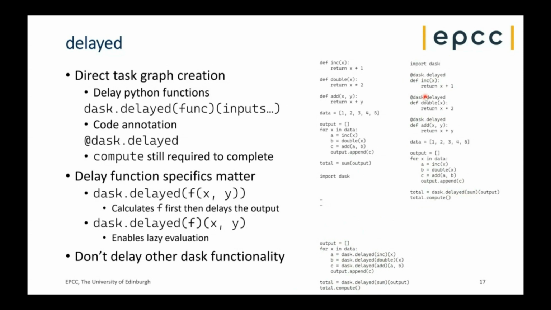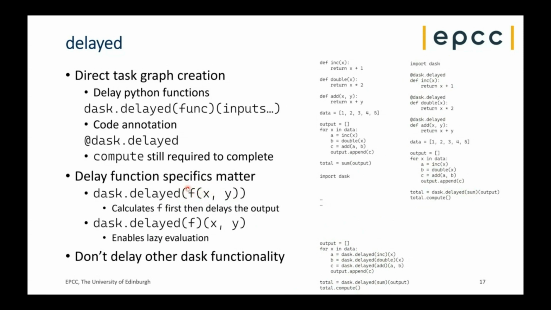And then there's a slight thing to be careful of. If you get your syntax slightly wrong, it will run fine, it won't complain, but it doesn't actually do any delayed functions because it computes the functions immediately.